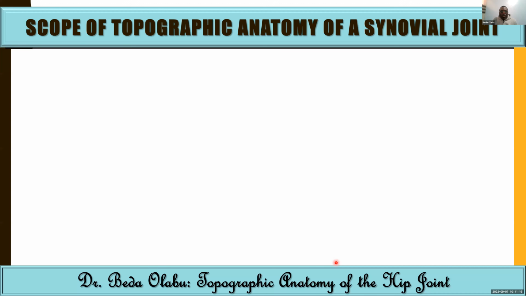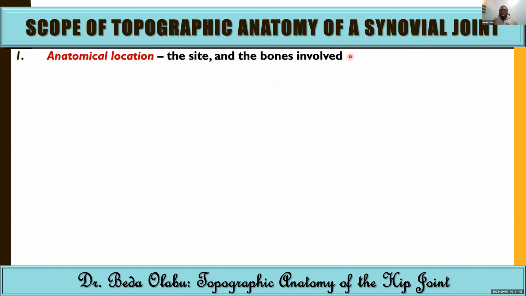Now, I want to give us just some skeleton of expectation whenever we're describing the topographic anatomy of a synovial joint. What is it that we need to bring out, even in our description, so that we are comprehensive? Perhaps to start with, we need to know where that joint is.